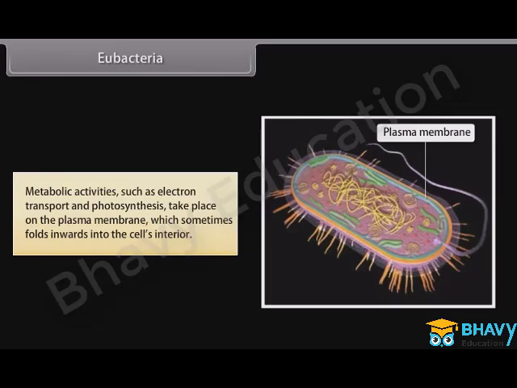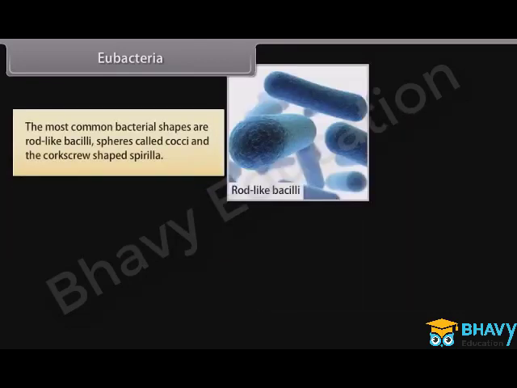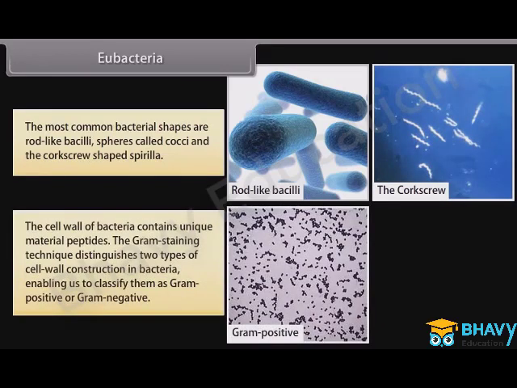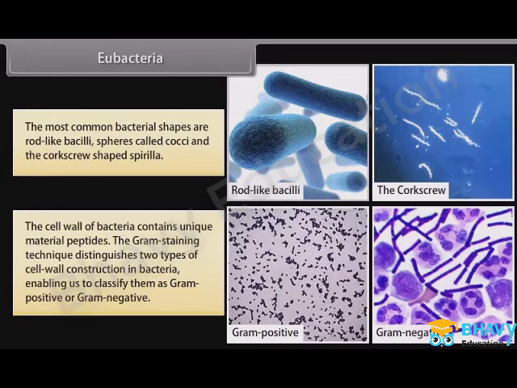The most common bacterial shapes are rod-like bacilli, spheres called cocci, and the corkscrew-shaped spirilla. The cell wall of bacteria contains a unique material, peptidoglycan. The Gram staining technique distinguishes two types of cell wall construction in bacteria, enabling us to classify them as gram-positive or gram-negative.